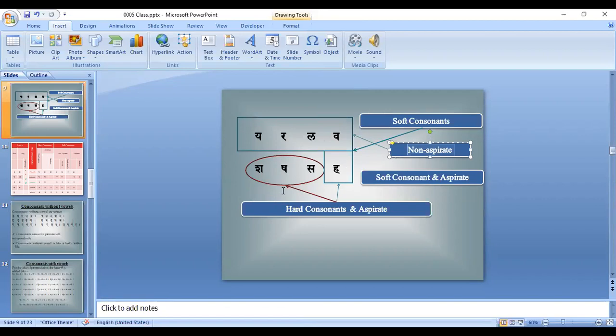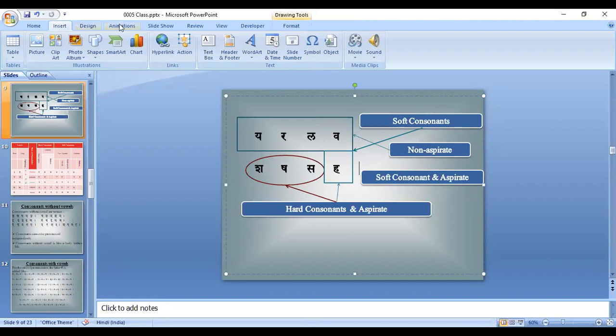Whereas sha, sha, sa, the first three letters of the sibilants, are hard consonants. And all the four sibilants are aspirate, mahaprana. So this is the essence.